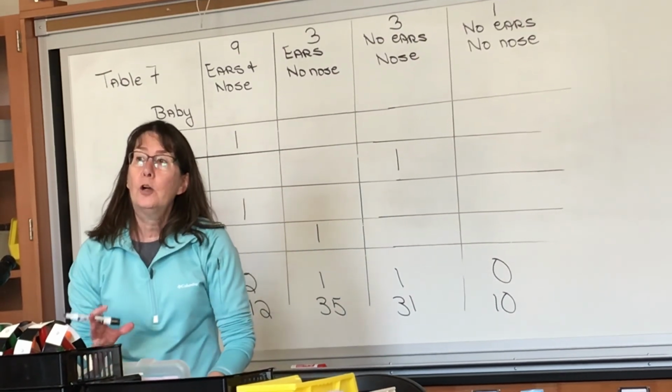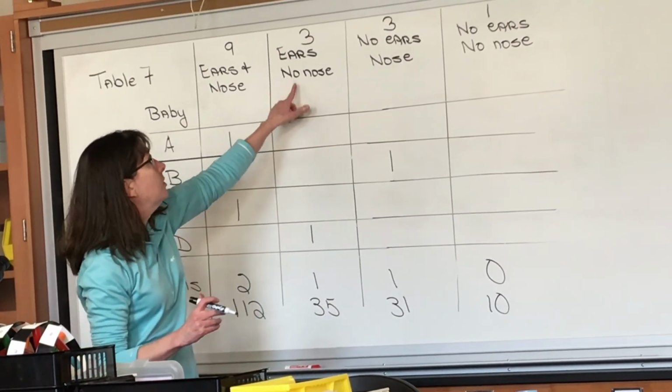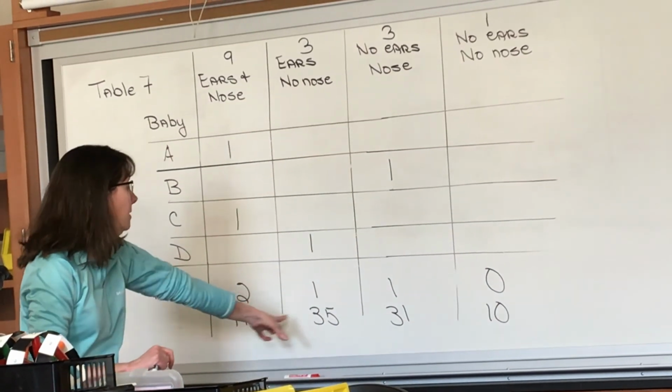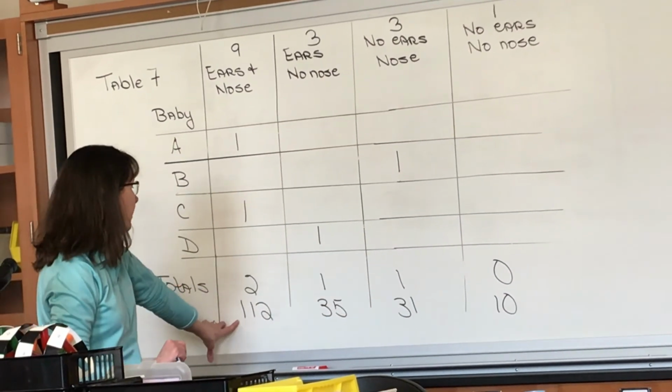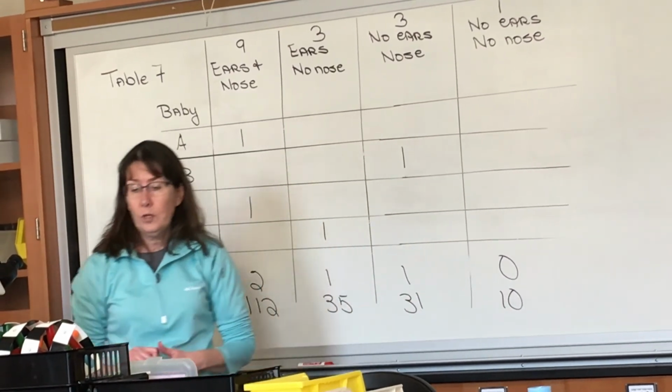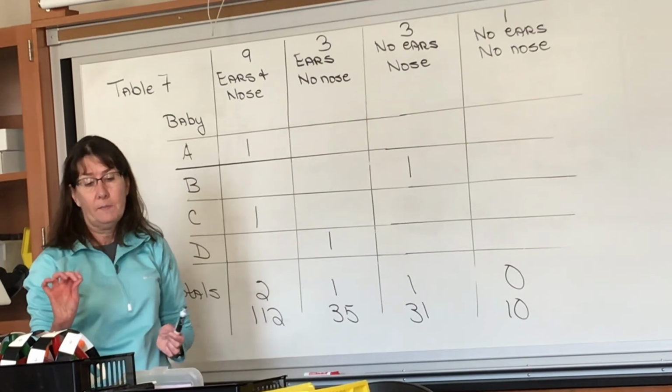It's not a perfect 9 to 3 to 3 to 1 ratio, but of that total, 112, 35, 31, and 10, we had a total of 188 babies.